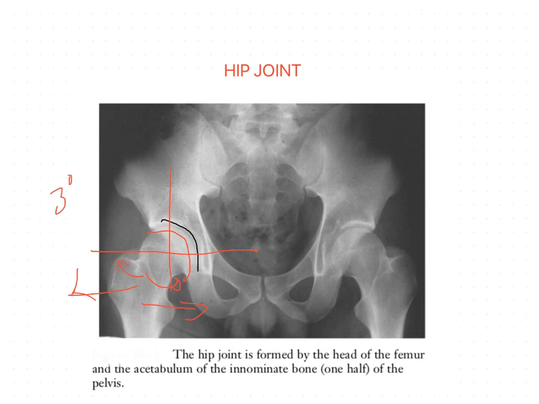So the same type of features is also seen in the shoulder complex. Both the hip joint and the shoulder joint, structure-wise, are diarthrodial, ball and socket varieties of joints, and include the same 3 degrees of freedom.